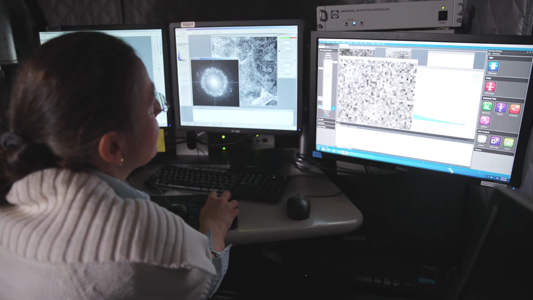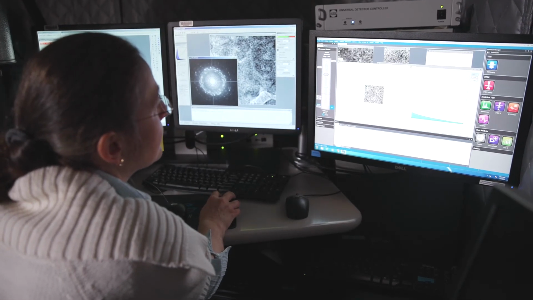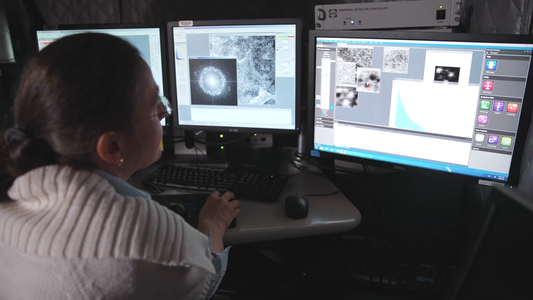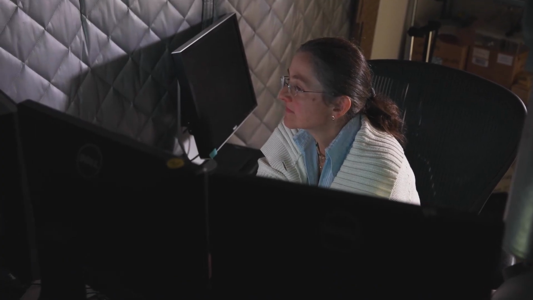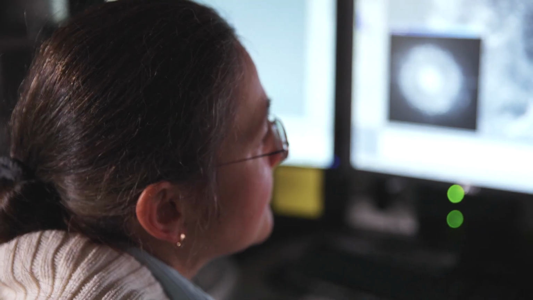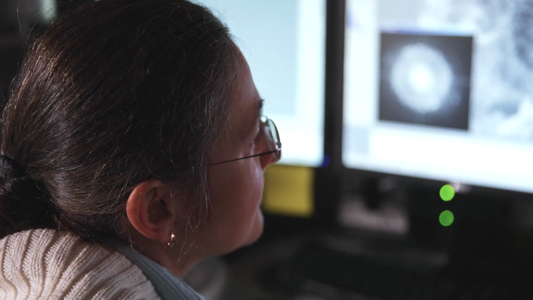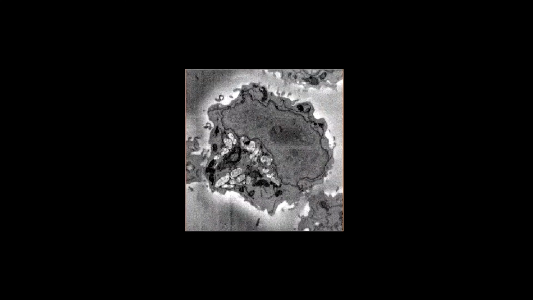One of the projects that I've been working on recently and completed recently is the project on erythropoiesis. And the question was, as the cells develop from the stem cell towards the red blood cell, what happens in between in terms of the iron accumulation? We decided to take these cells to the 3D view and image what happens to their structural evolution as they go from a regular looking cell to a red blood cell.